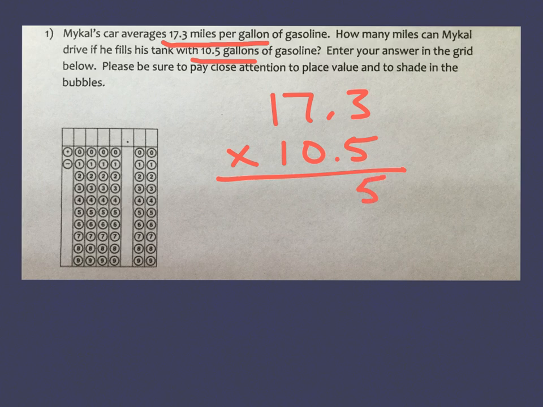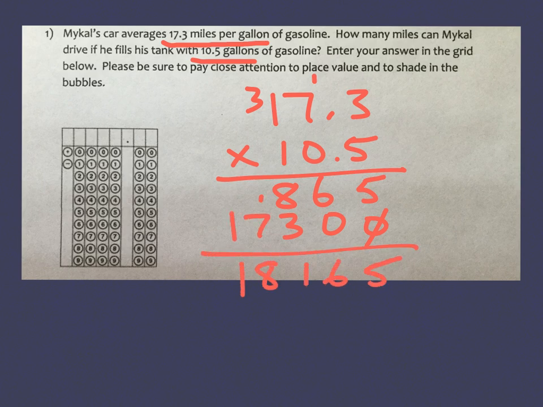We'll do this multiplication, and when we do, we'll find that Michael is able to travel 181.65 miles on 10.5 gallons of gas.